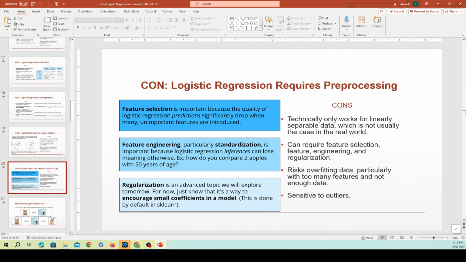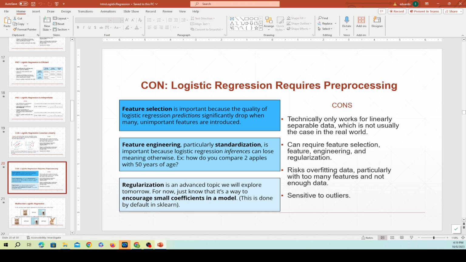Feature engineering particularly standardizes the importance because logistic regression inference can lose meaning otherwise. How do you compare two apples with 50 years of age? That's the reason why it is important to have these inferences.